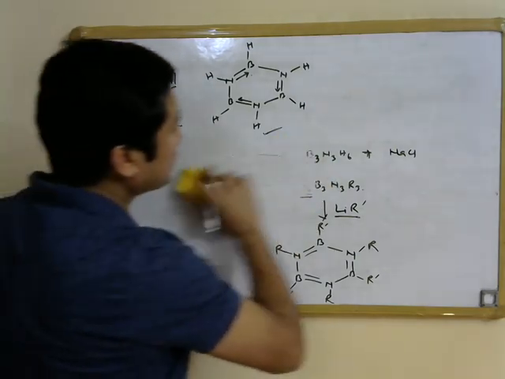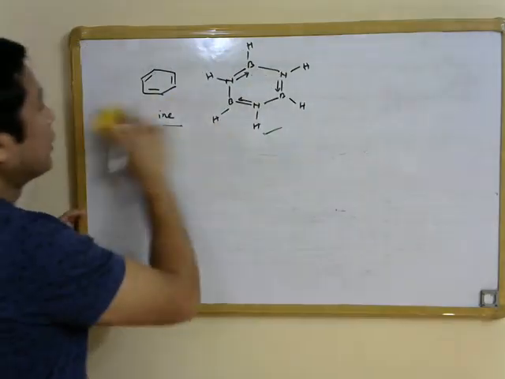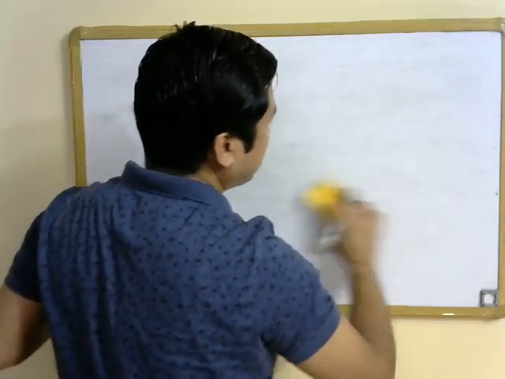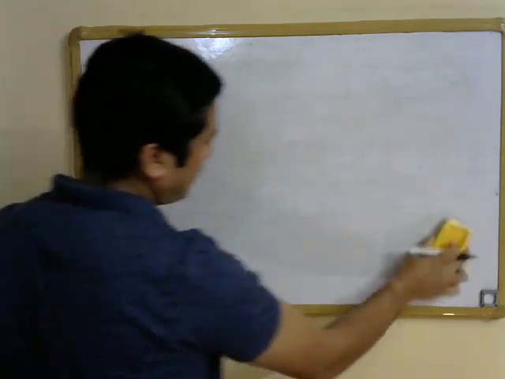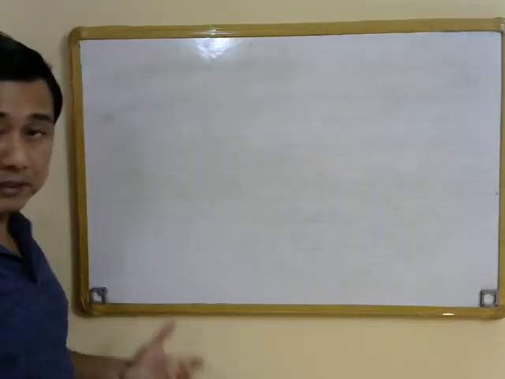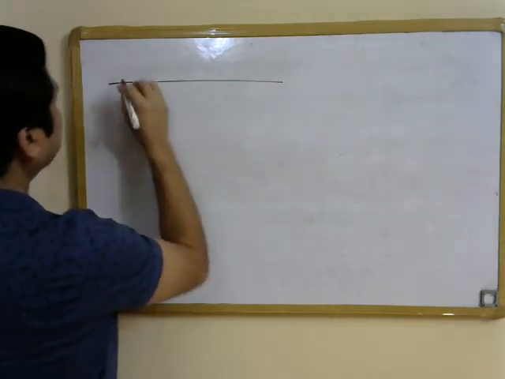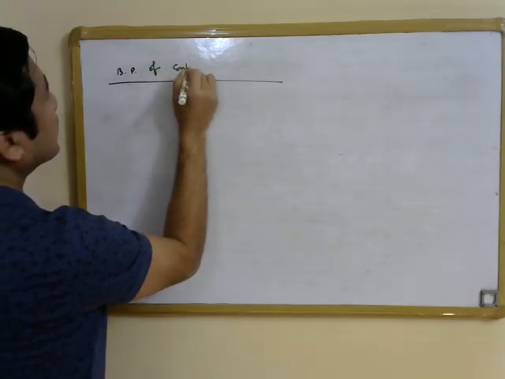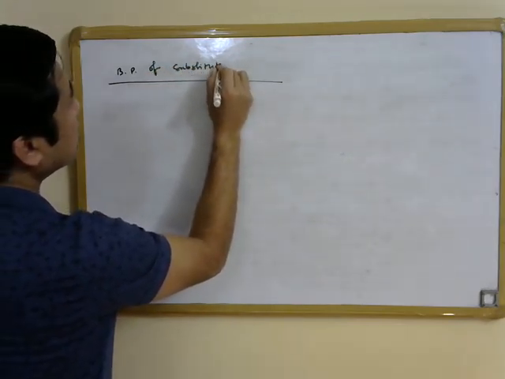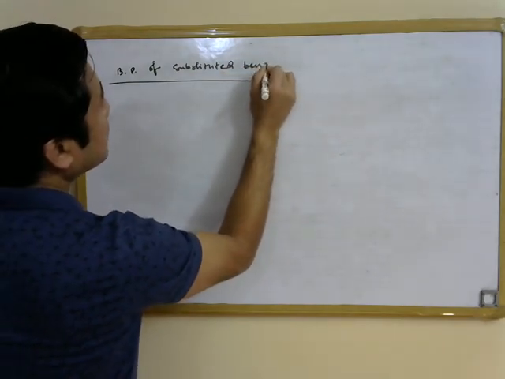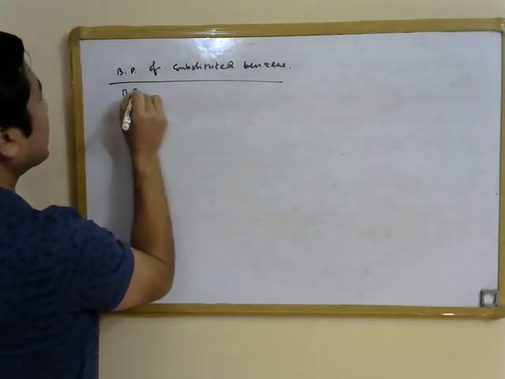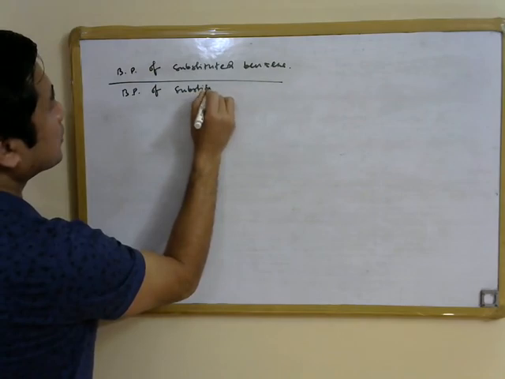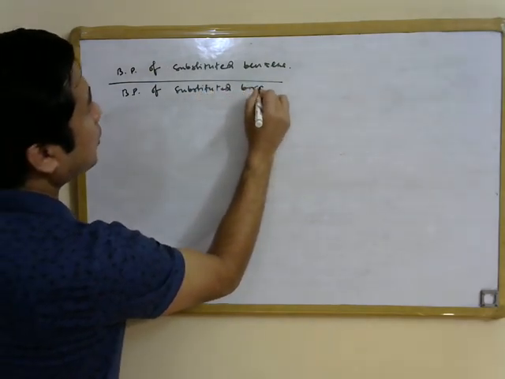One good example is that if you take the ratio of melting point of substituted benzene with the melting point or boiling point of substituted Borazines. So what we take here is the boiling point of substituted benzene, and take the ratio with the boiling point of substituted Borazine.